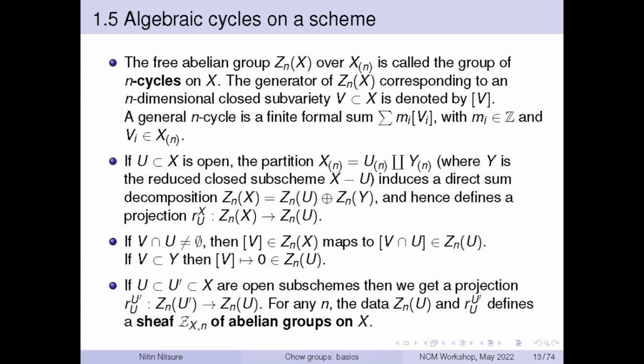And if I have two, one a subset of another, well, this U prime is now going to play the role of X, and the set of points in U prime is a disjoint union of the set of points in U and the set of points in U prime minus U. So you have this kind of projection again. And this data makes it a sheaf. This is very obvious that this is a sheaf if you think in terms of points like X_n.